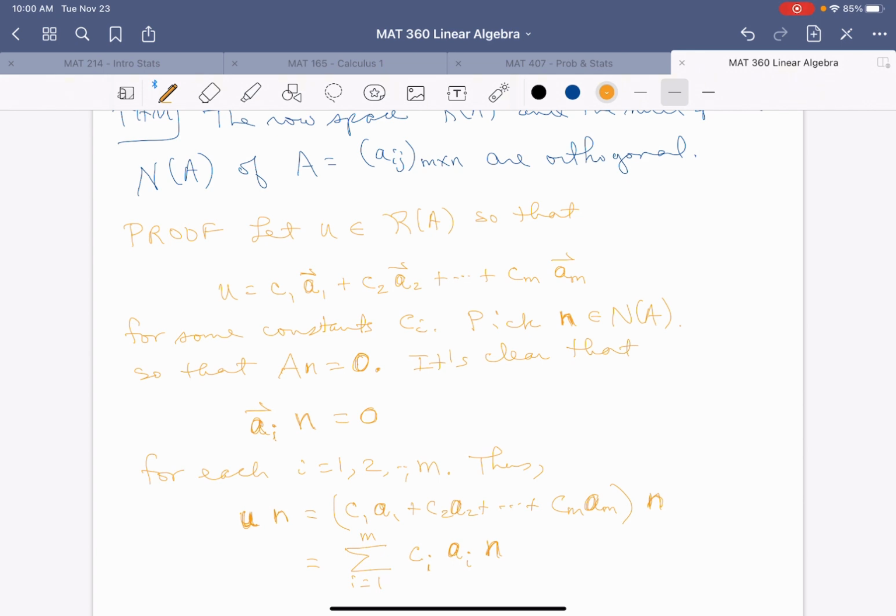Okay. And that's equal to the sum as i goes from 1 to m, and we could pull the ci out.